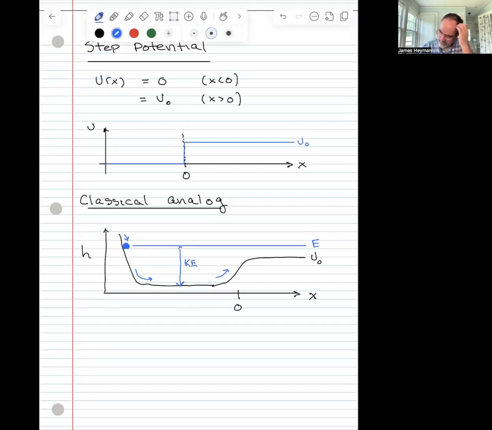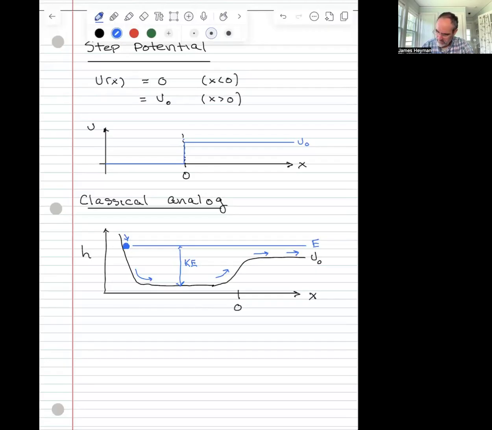And you can see that because E is greater than U0, the kinetic energy of the particle will never fall to 0 here. It will go all the way up to the top of the ramp, and then it will still have kinetic energy, and so it will continue moving to the right.